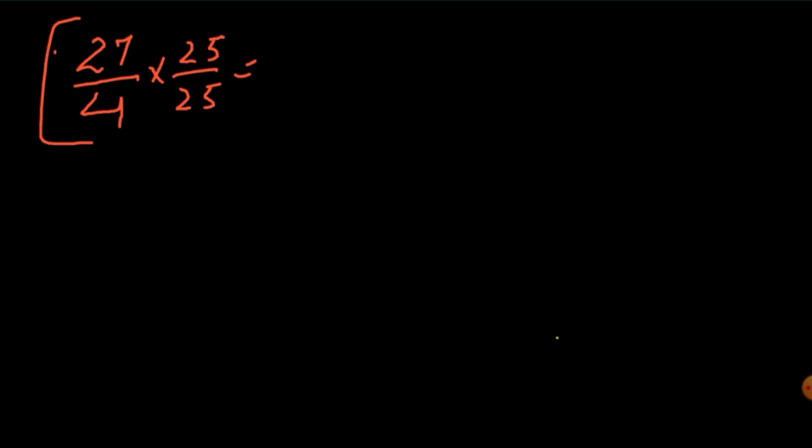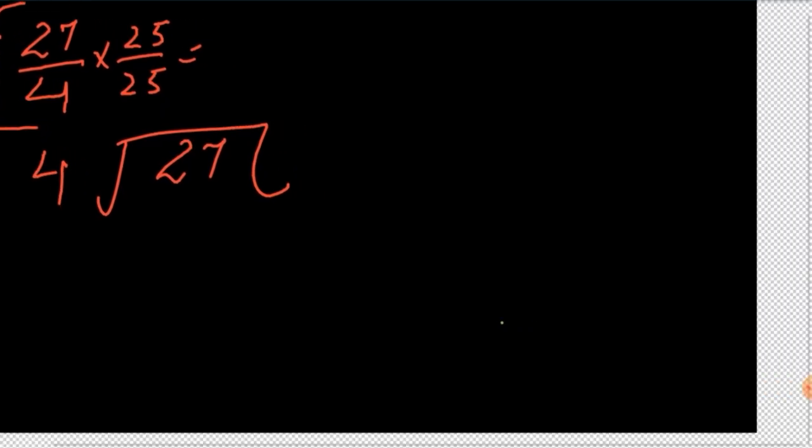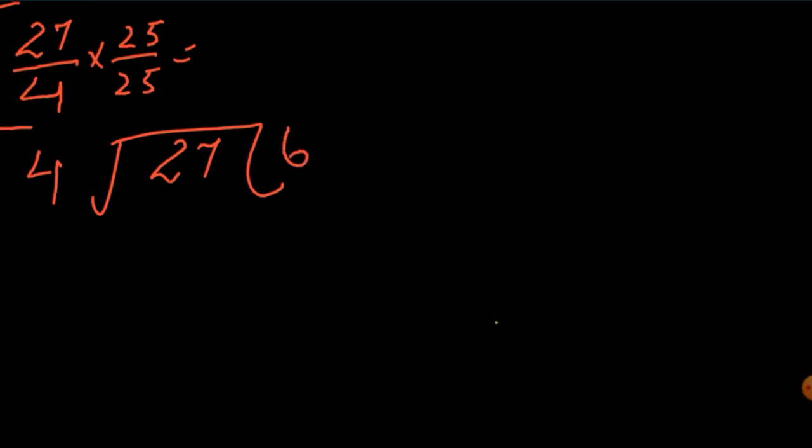So I'll tell you an easier way. You can do it by dividing. So let's divide 27 by 4. 4 sixes are 24. 3 is the remainder.